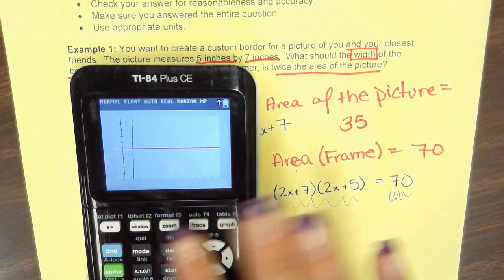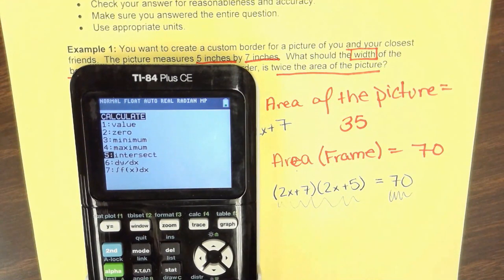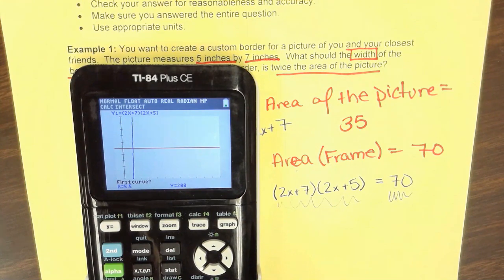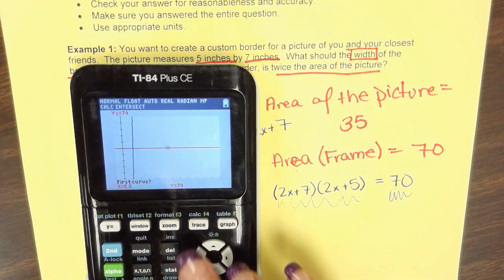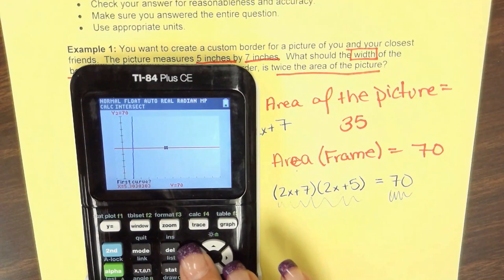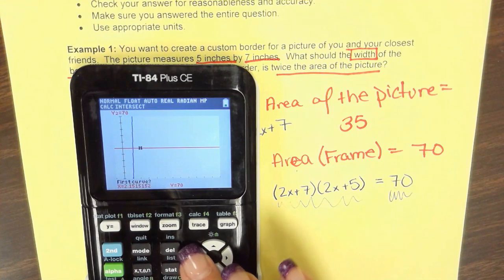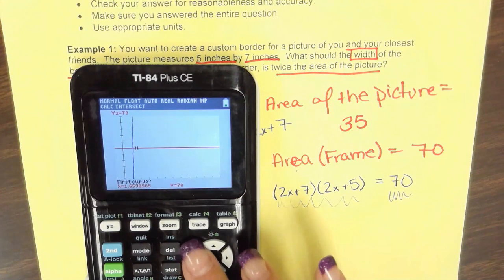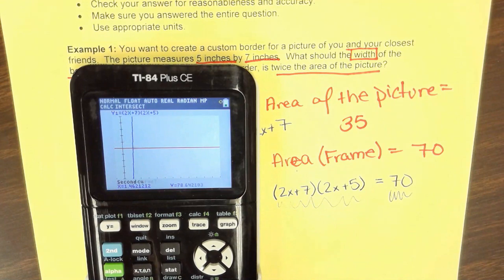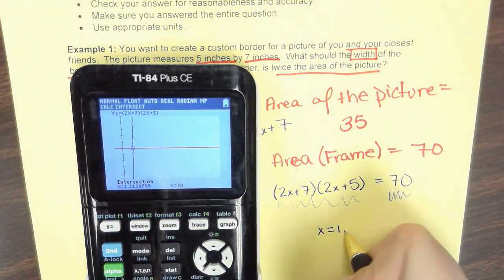We're going to go second trace, intersect, and we need to go to the first curve. So by the way, I pressed the down button so I could find my dot that's flashing, and I move really close to that intersection. 1, 2, 3. And there we go. We have that x equals 1.2.